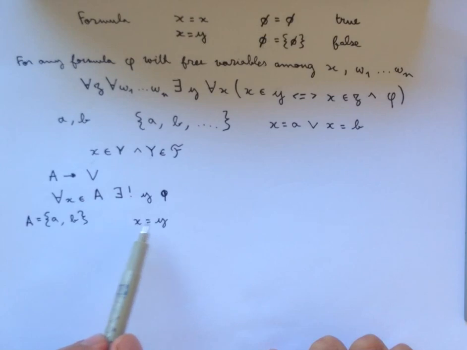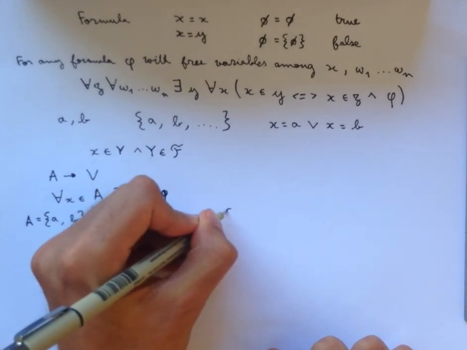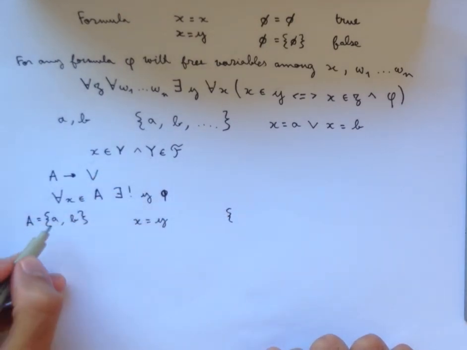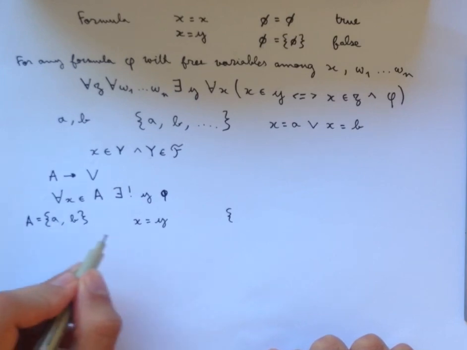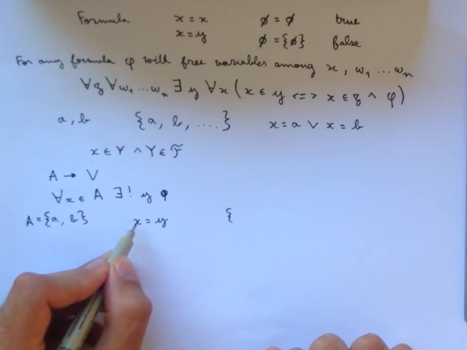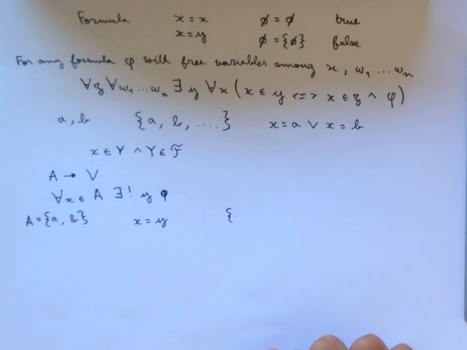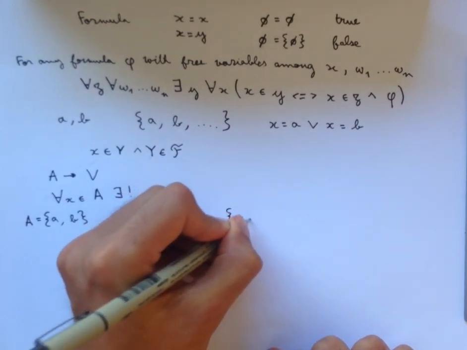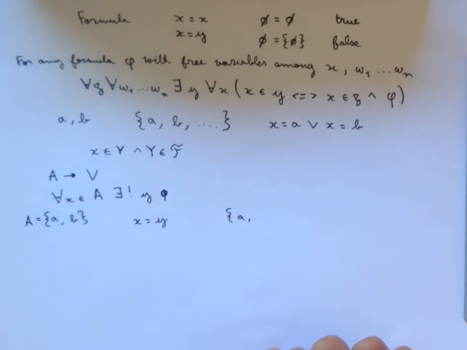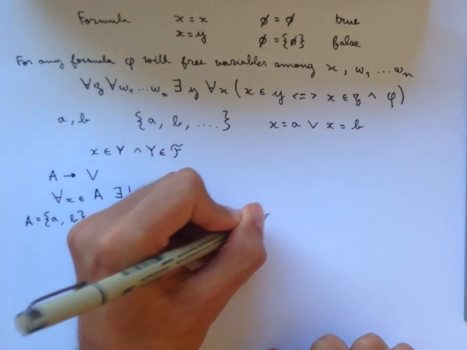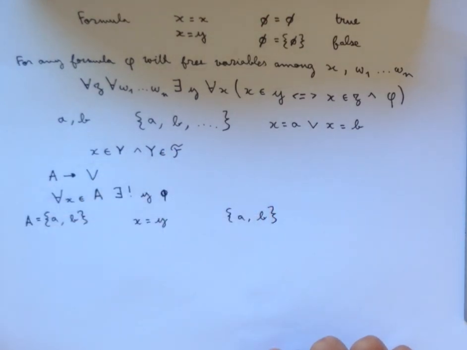And so using this formula on this set, well, we get the image of this set is going to be, well, for a, what's the unique y such that a equals y? Well, it's going to be y equals a. So we get a again. And the same goes for b. We end up with the same sets.